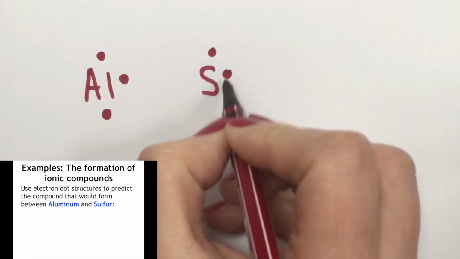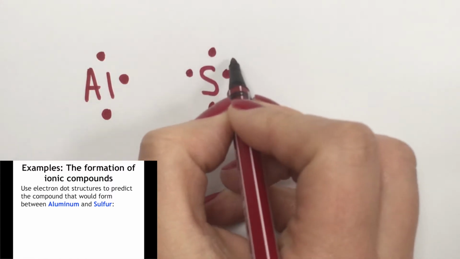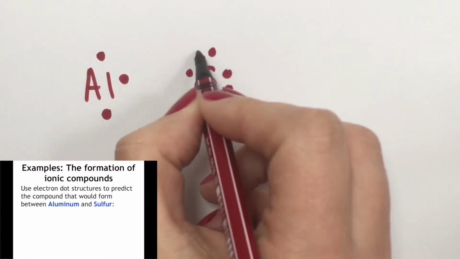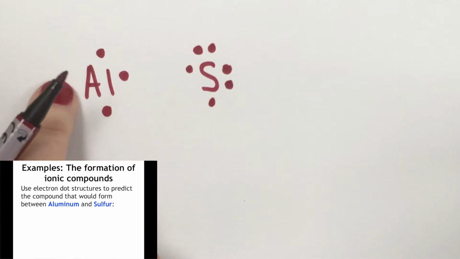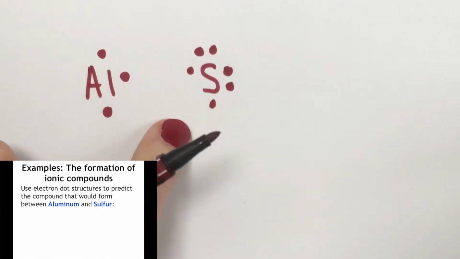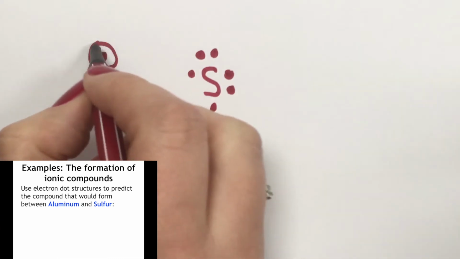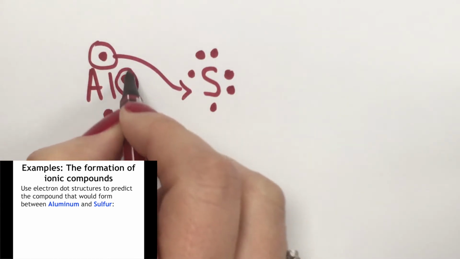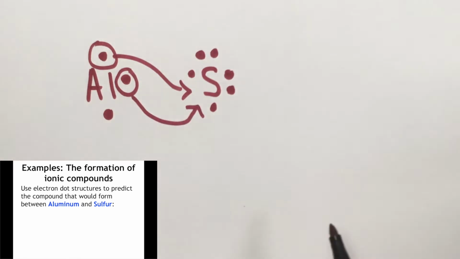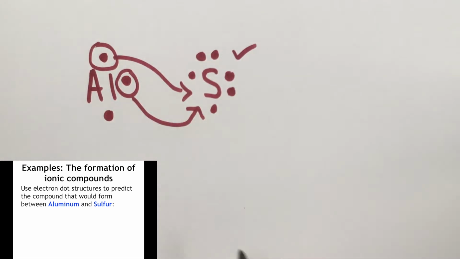So 1, 2, 3, 4, 5, 6. Now we're just going to bring electrons from the metal to the non-metal until they're both stable. So we have aluminum here, and this electron will go here. So this sulfur is stable, however, aluminum is not.